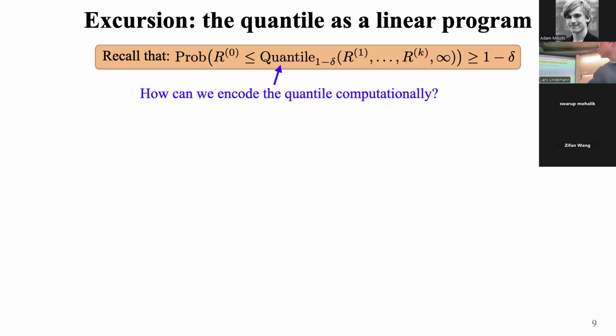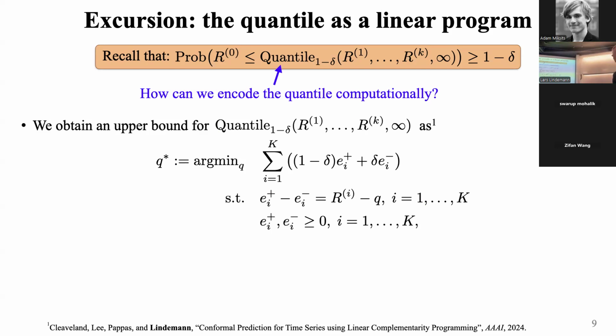So how can we computationally encode the quantile? You can find an upper bound of the quantile as the solution of this linear program. If you look at it carefully, you basically see you have an E plus part and an E minus part. These are the parts that are above the 1 minus delta quantile and below the 1 minus delta quantile, and this is what these constraints are enforcing.